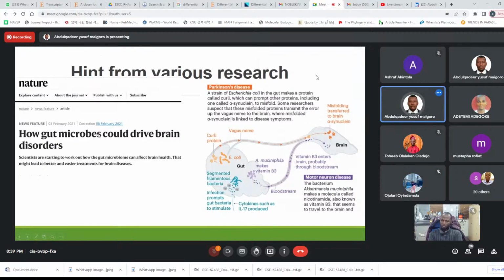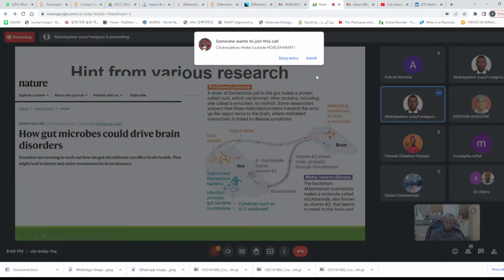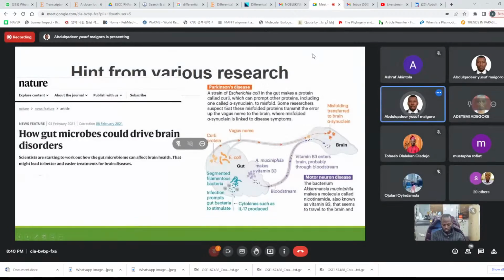So here are some examples of research that explain how all these stories happen. For example, in this research, which was published in Nature, they explain about Parkinson's disease. They used a strain of Escherichia coli, and they realized this protein found in the strain can modify what we call alpha synuclein shape, because folding and misfolding has to do with the shape, and it determines how this protein could function.